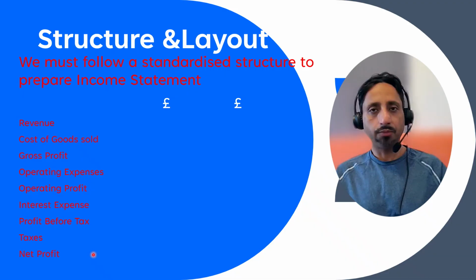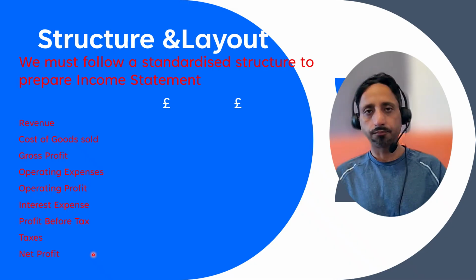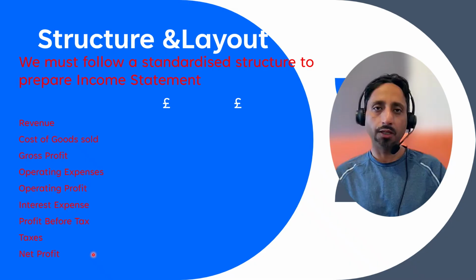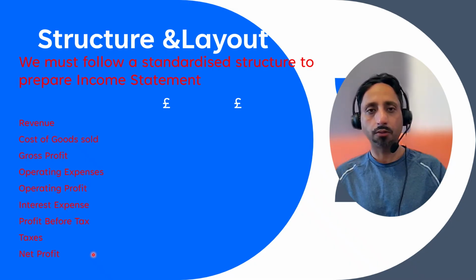So for example, revenue will have some other subheadings, but it will all relate to revenue. Then cost of goods sold will have some subheadings, but those will relate to cost of goods sold.